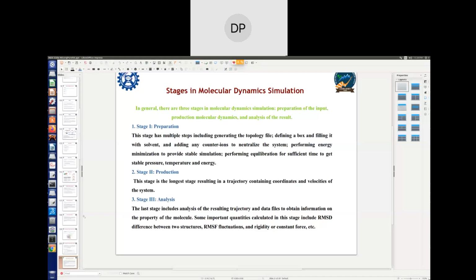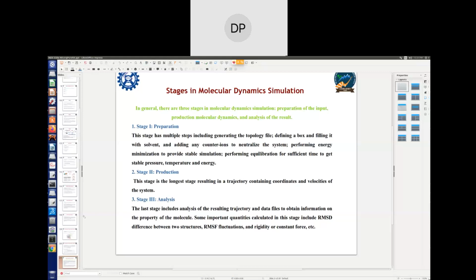Here the equilibration means the position restraint dynamics, where you restrain or partially control your protein ligand complex with some force, and let the water and the solvent nearby enter into the protein and the protein ligand complex. That is called the position restraint dynamics, and in equilibration generally we perform this.